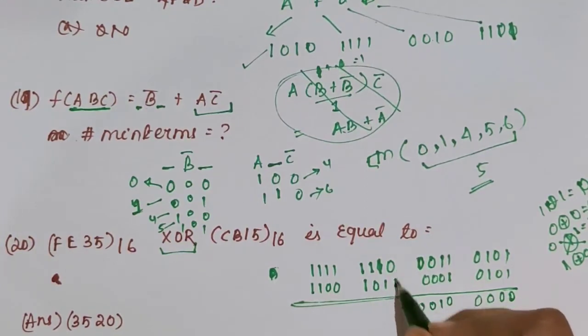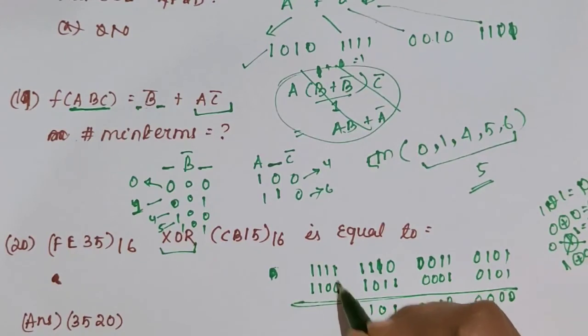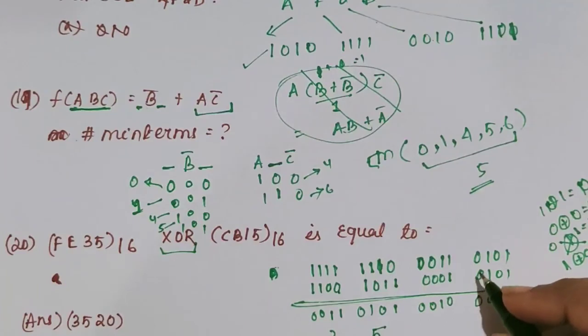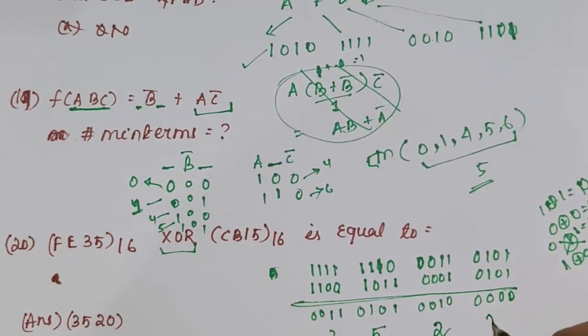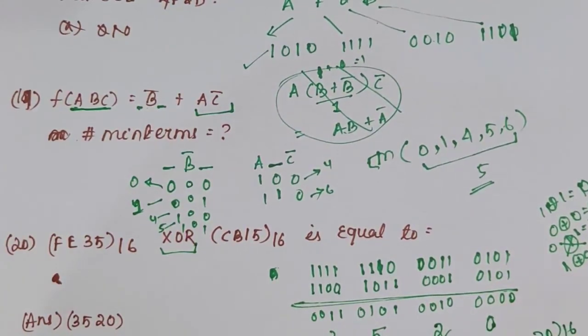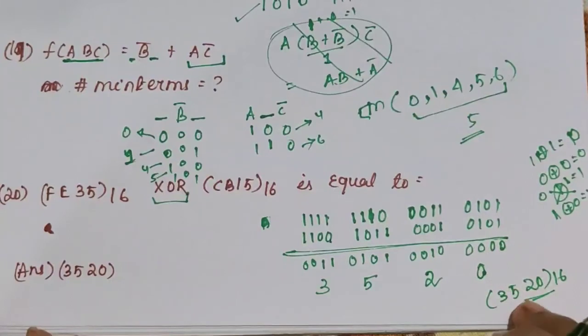This is 3, this is 5, this is 2, and this is 0. So the answer is 3520 in hexadecimal.